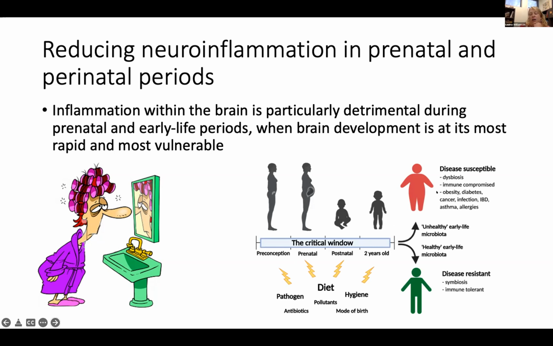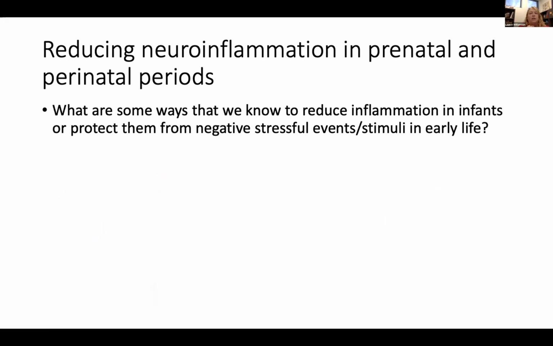This dysbiosis in particular is related to all sorts of non-communicable diseases, but is also very correlated with mental health: depression, anxiety, and other psychiatric disorders have inflammation early in life as one of their at least correlated etiologies. So what are some ways we know how to reduce inflammation?